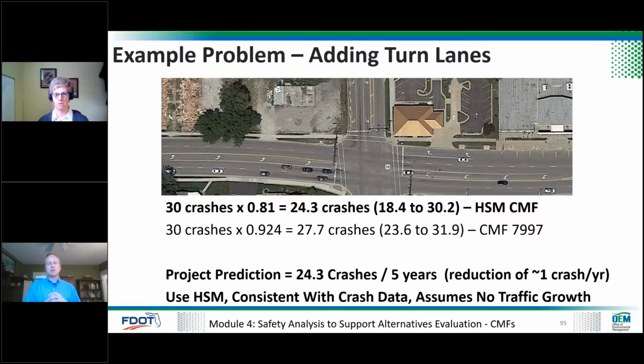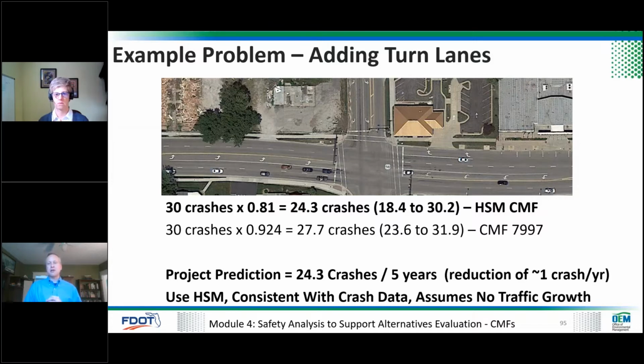And so we decide as a project team, we're going to use the Highway Safety Manual equation. We know the side street's out of the volume range a little bit, but we think it's a good fit, it's a good match, and it would predict a reduction down to 24. So 30 times 0.81 is 24.3, and so a reduction of approximately a crash per year.